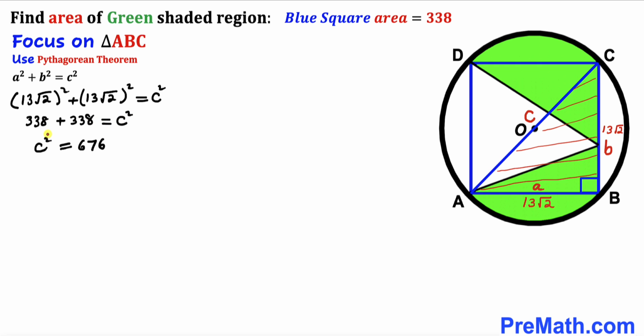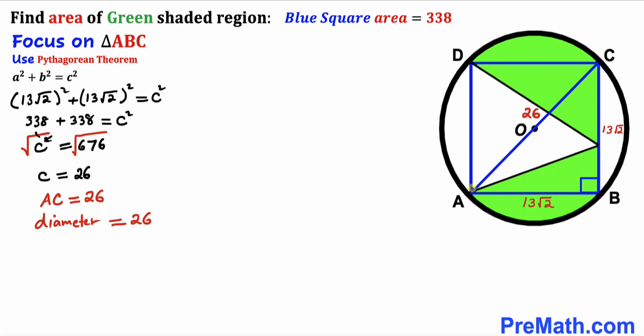Let's go ahead and undo this square by taking a square root on both sides. And here we can see square and square root undo each other. So our c value turns out to be 26 units. And now let's make an observation. We can see that this diagonal AC is the diameter of this circle.